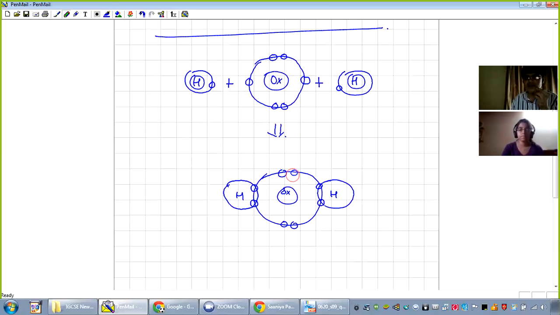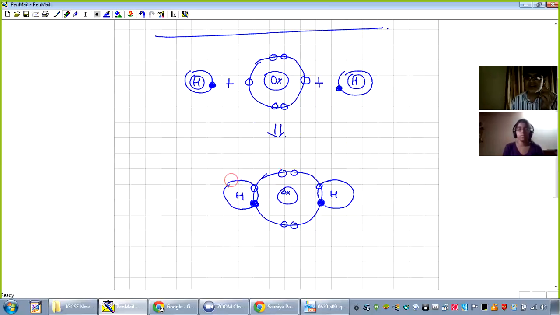Now if you count the number of electrons in the oxygen atom, 6 electrons were its own. These other 2 electrons have come from the hydrogen atoms. So counting the electrons in the orbit of oxygen, 6 of its own and 2 of hydrogen, that makes 8 electrons.